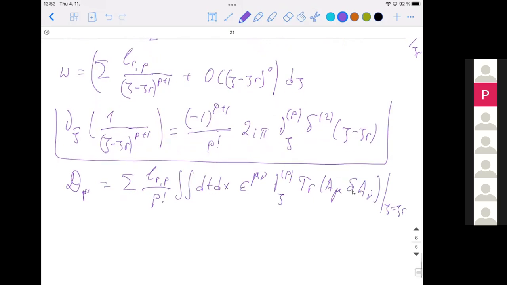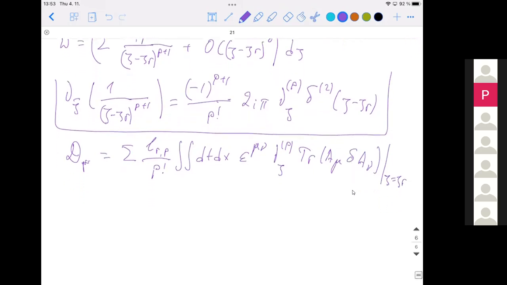So we need to take the derivative of this trace. And the condition is that we want the defect term to be 0. So you need to put some boundary conditions on A, so that the sum of the defect terms is 0.